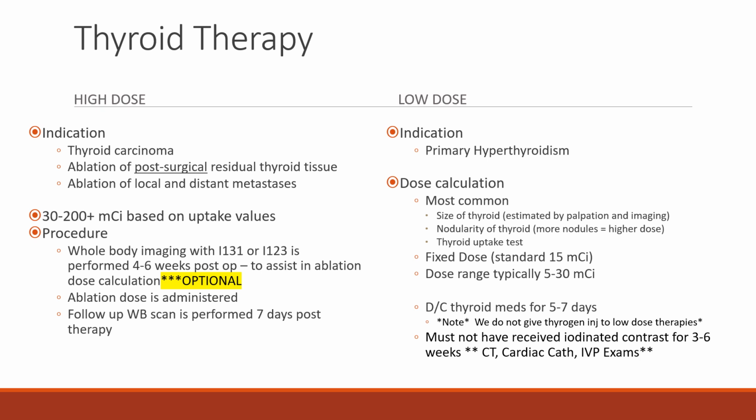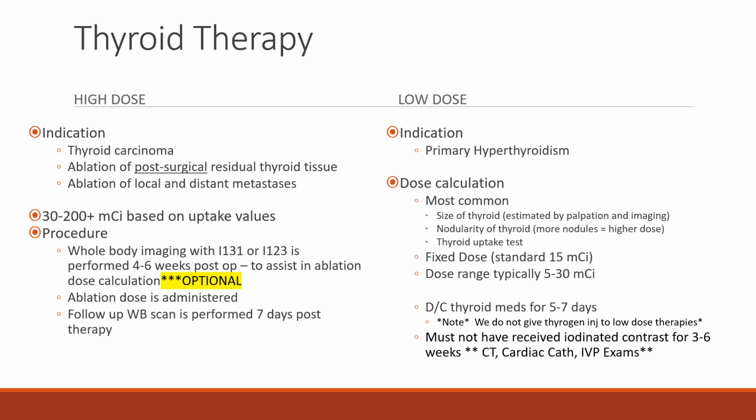Sometimes people will get a metastatic survey scan where, let's say they had an ablation a year ago, and now all of a sudden they're getting symptoms or there's some kind of evidence that their thyroid cancer is back and has metastasized. Then they would get a metastatic survey where they get another whole body scan as a follow-up. That is typically done with I-123.